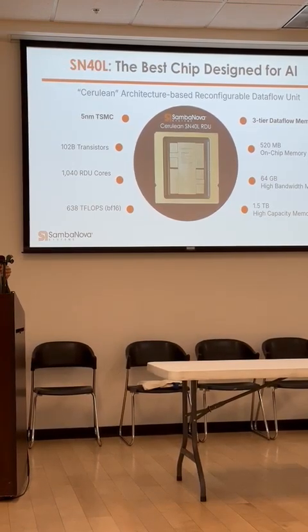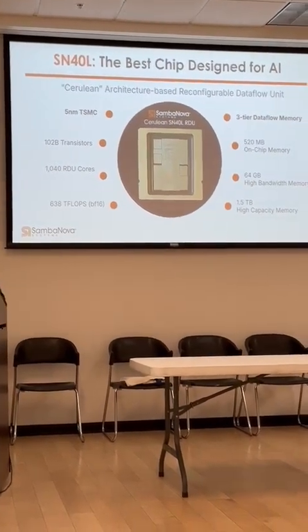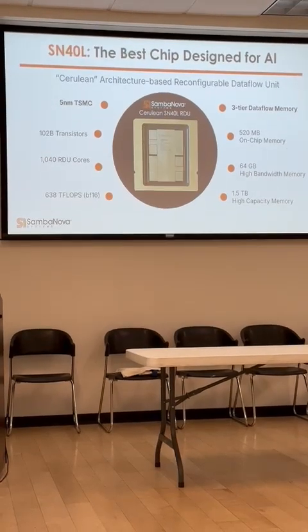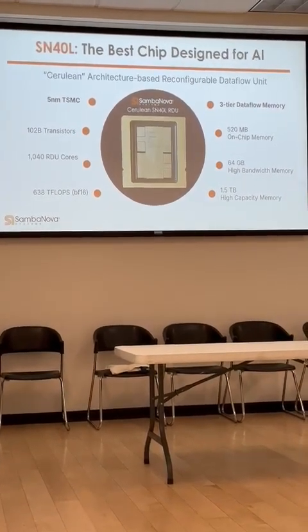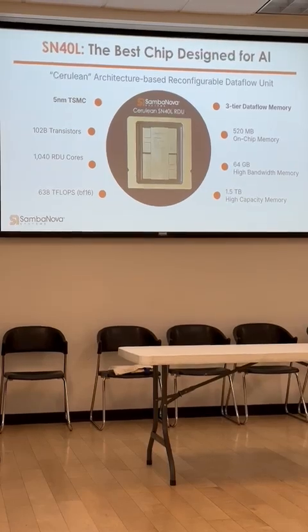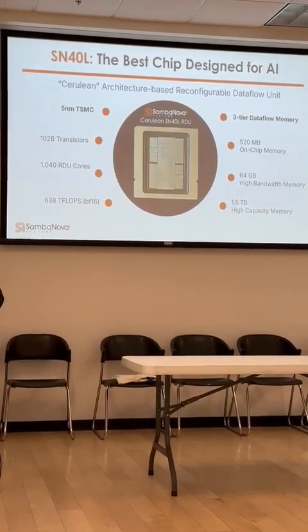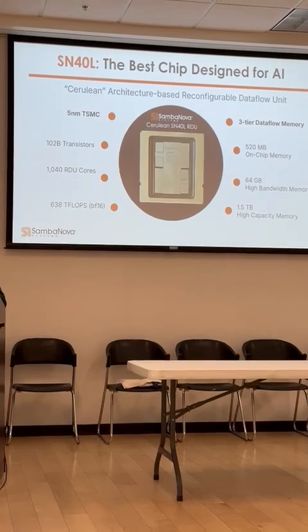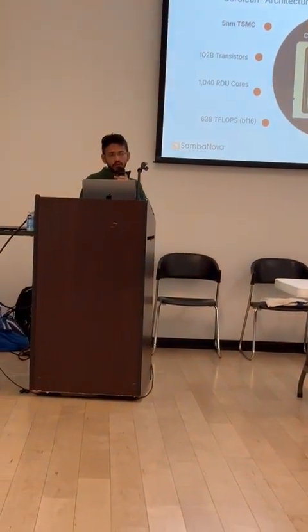The main highlight here is that it has a three-tier dataflow memory. Today, most GPUs and other startups have HBM or SRAM, but we have a backing DDR as well as a third tier, which gives us the capability to host large models as well as multiple models, which are needed for agentic systems.